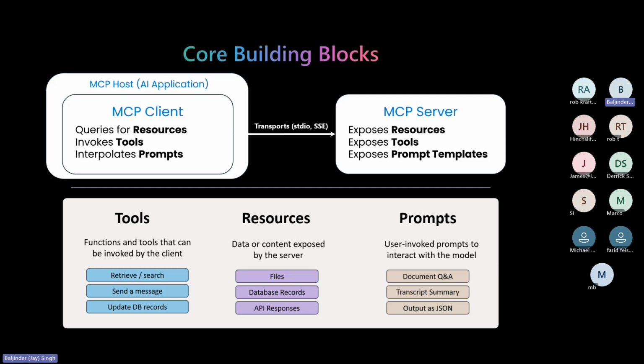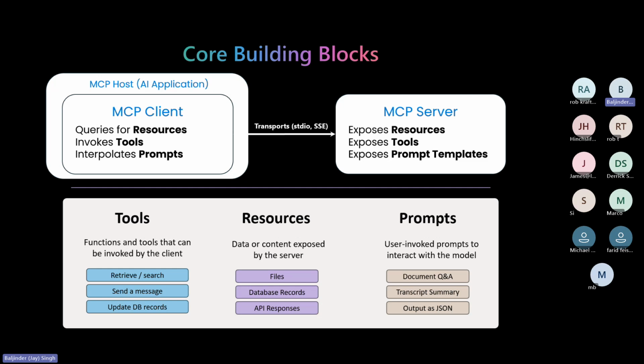Here we see some of the primitives that are part of those core building blocks for MCP. The first one is tools. Tools are functions that the MCP server exposes and the client can invoke. Examples include retrieving or searching data, sending a message, or updating database records. The key rule is that the model decides when a tool should be called, but the tool executes outside the model in a governed system.